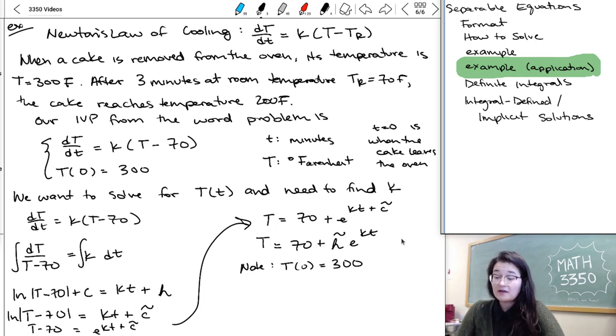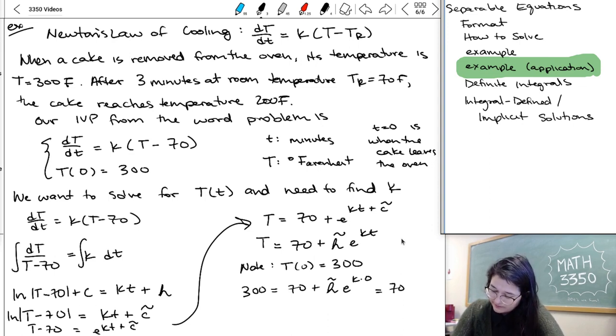So we know that T of 0 should equal 300. So we should have that 300 is equal to 70 plus that unknown constant times e to k times 0. And just so you know, e to 0 is 1. So that's just 70 plus h tilde.